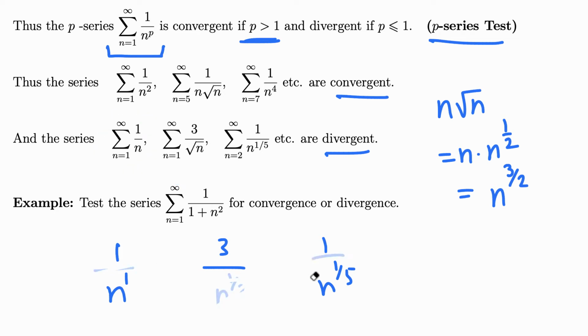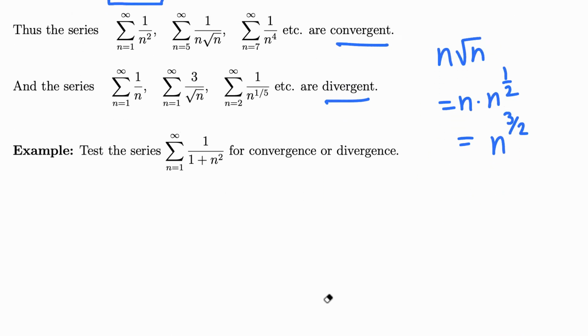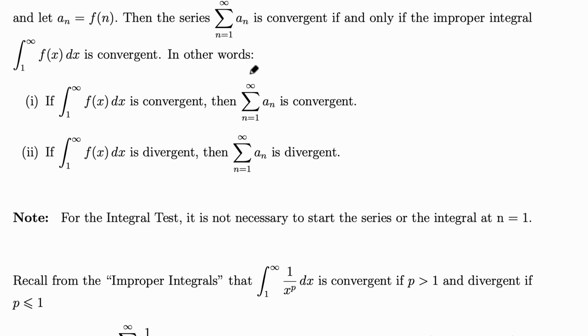Now let's apply the integral test and check this series for convergence or divergence. Here we have the sum, and the term a_n is 1 over 1 plus n squared.